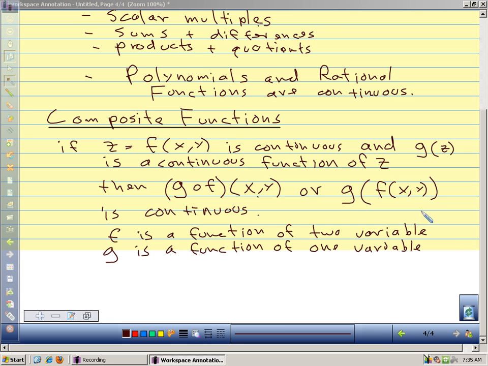So if we have a continuous function and we make a composite with a polynomial or rational function, that function is going to be continuous anywhere that our function exists. So we can do composites of continuous functions and get continuous functions. And composites are really what we usually work with, because working with just polynomials or rational functions is very limiting. So we're usually looking at some kind of composite function, and if we know we're looking at composites of continuous functions, we have a continuous function.